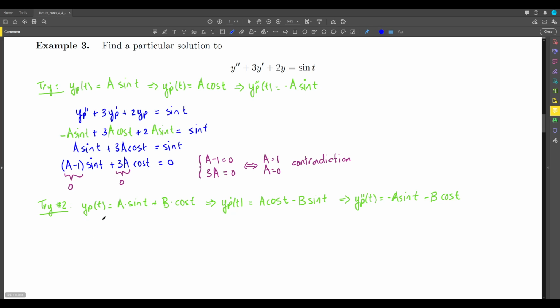Okay, so let's take a look at our differential equation. We have yp double prime plus 3 times yp prime plus 2 times yp has to equal sine of t.